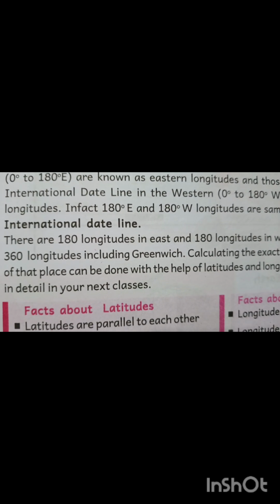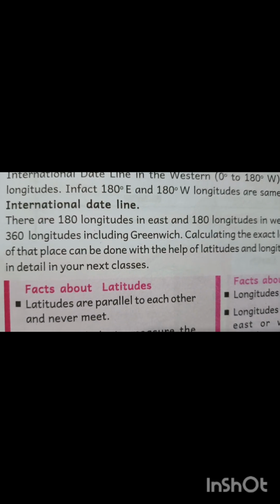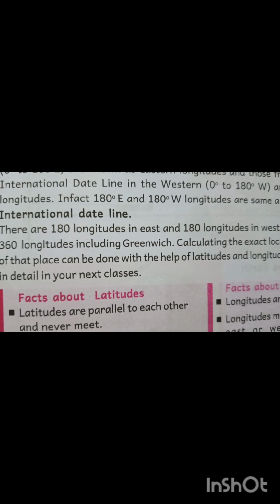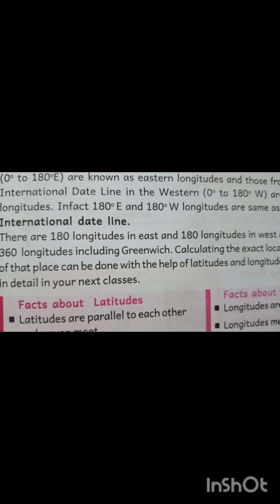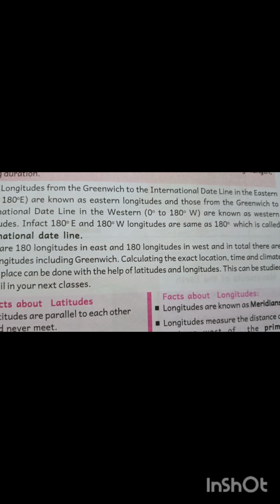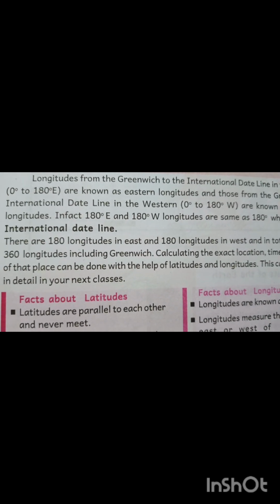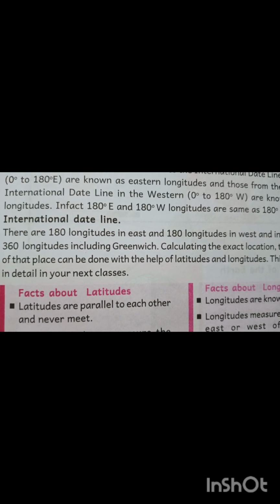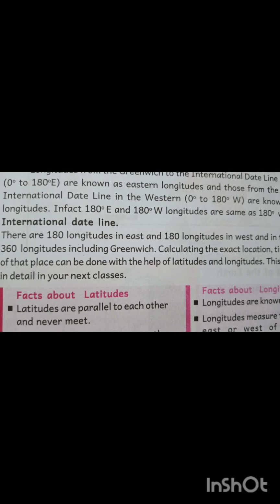In fact, 180 degrees east and 180 degrees west longitudes are the same as 180 degrees, which is called international dateline. There are 180 longitudes in the east and 180 longitudes in the west, and in total there are 360 longitudes, including Greenwich.